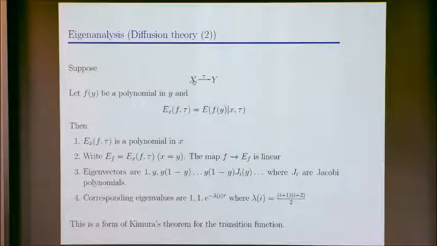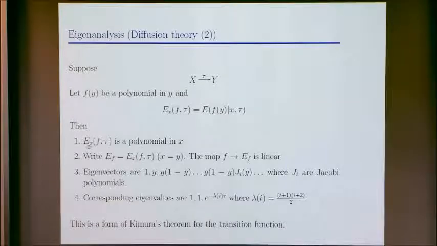We've got ancestral population X, descendant population Y, and I'm interested in expectations of polynomials in Y. So f of y is a polynomial, and my notation is the expected value of f, conditional on the allele frequency being x in the parental population. And some facts.